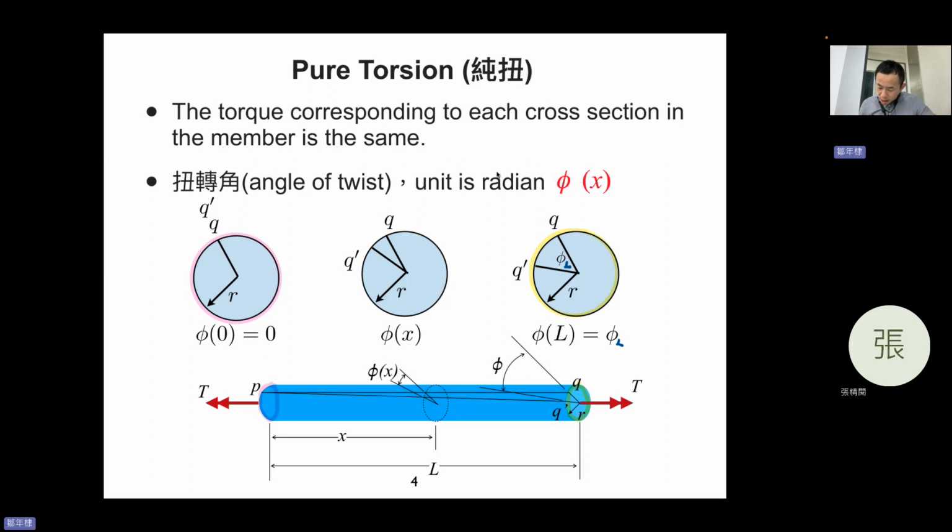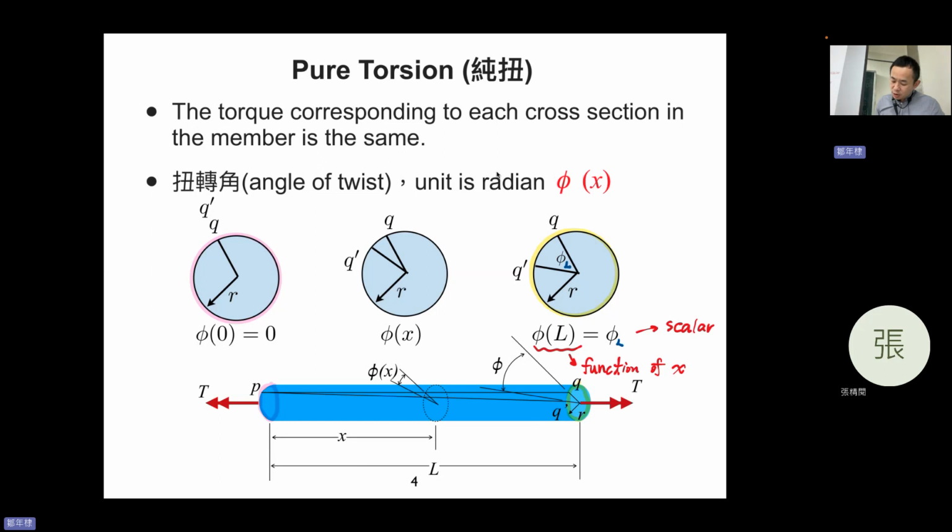So again, I will try to emphasize that this one is a function, right? It's a function of x. And phi L is a scalar, okay? It's a number, it's a value, okay? So don't mix up phi of x and phi L. Phi L is a number, a value like 3, like 2, okay?